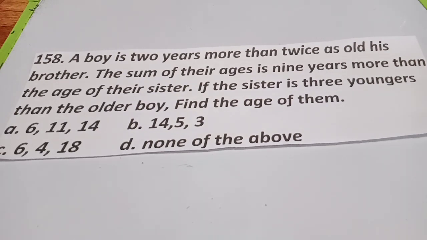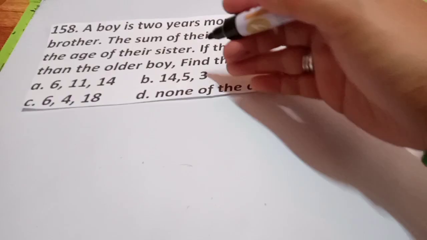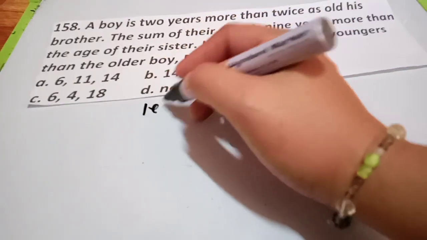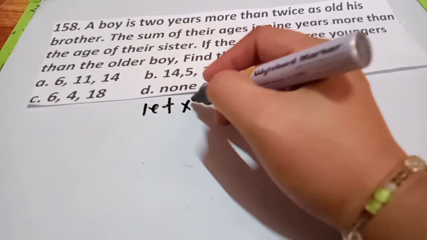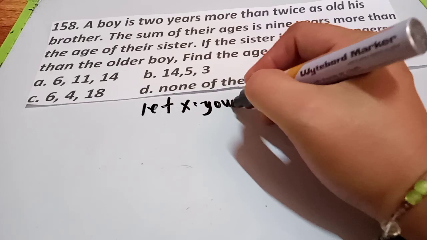So, again, how do we solve for this one? For the age problem, number 1, let x be the age of the younger brother. This is the younger brother.